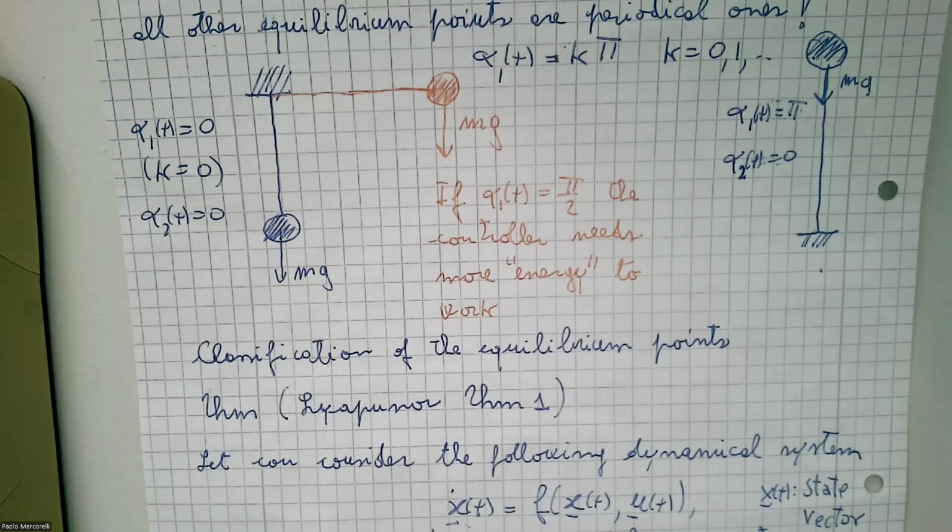This is important in the control because it allows to say which position, in this case, or which trajectories, we will see the differences, is more difficult to be controlled. And it allows to say sometimes in more advanced analysis which kind of controller or control strategy can be applied.